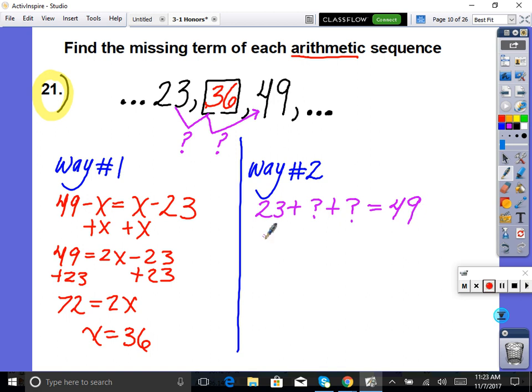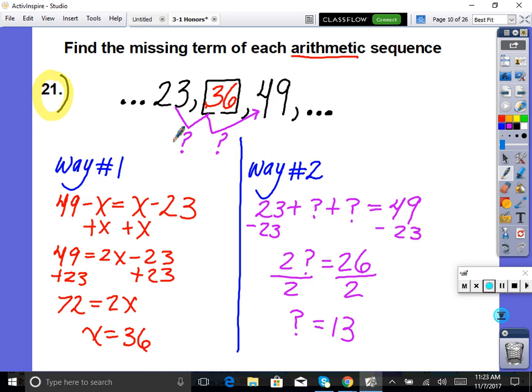We would subtract 23, so we have 2 question marks equals 26, and then we would divide by 2. So the question mark equals 13. So we were adding 13 each time. We would do 23 plus 13 and get 36, plus 13, we get 49. Does everybody see 2 different ways of thinking through it?